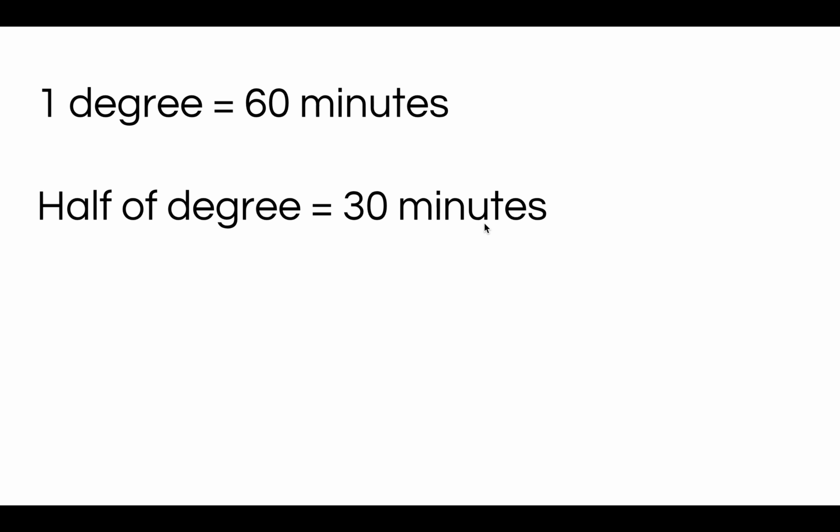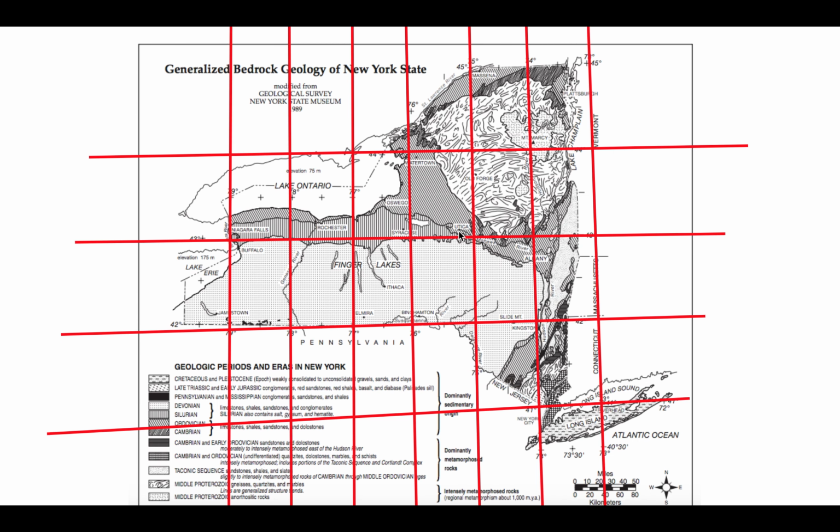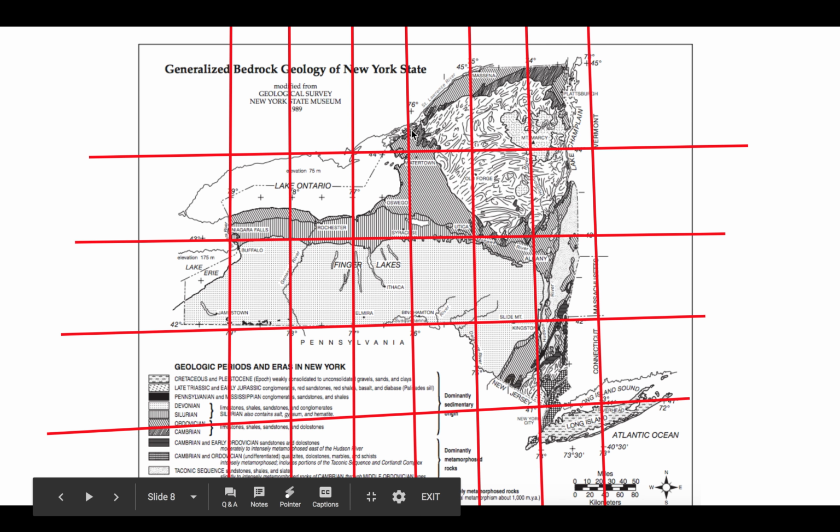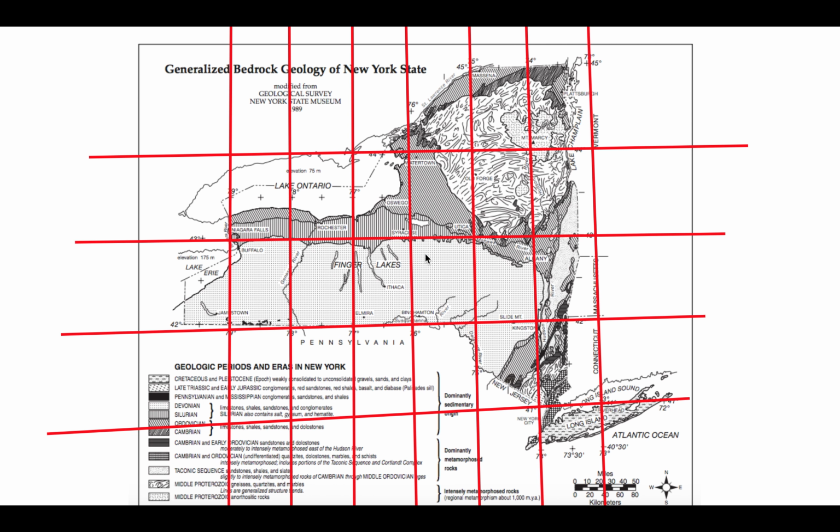I want to come back to this sign right here because from one degree to another degree, there are 60 minutes. So let's say from this degree, which is 43. By the way, I recommend that you connect all the latitudes and all the longitudes with a ruler so that you know where the lines go. You should do that in your reference table.